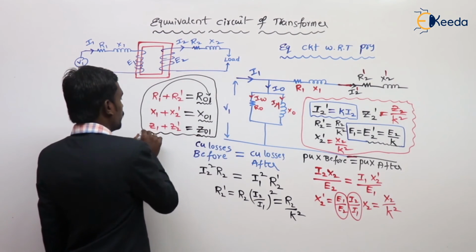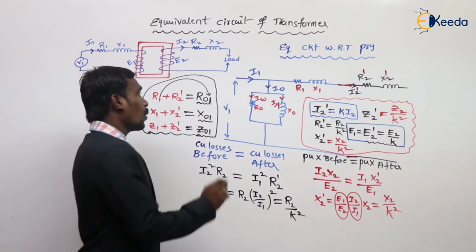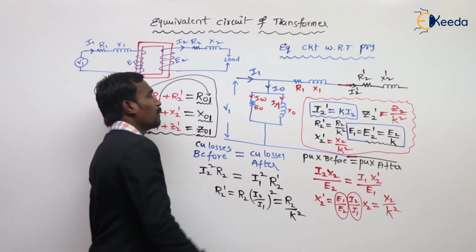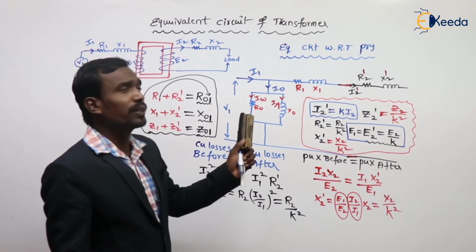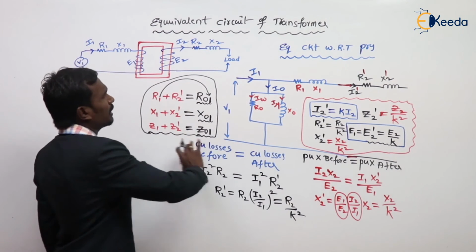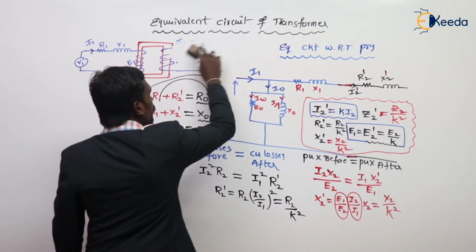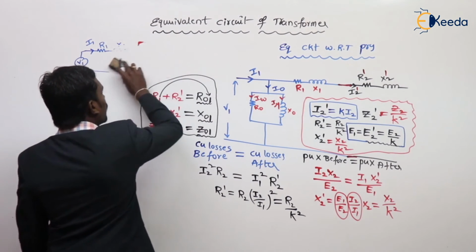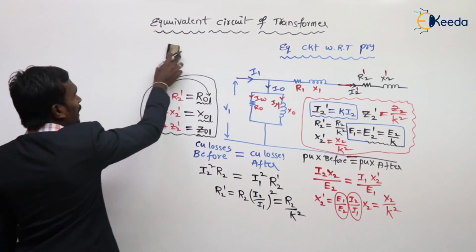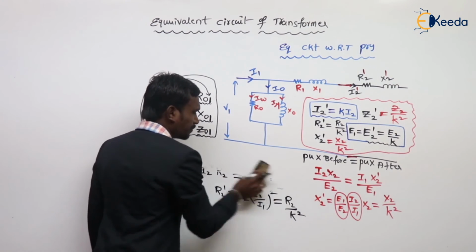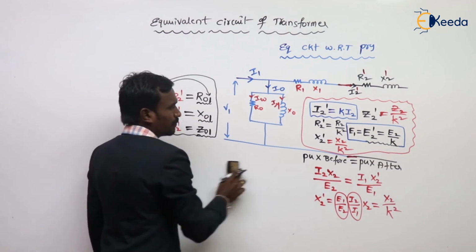You have to remember, the subscript 1 represents referred to primary. This is completely the equivalent circuit with referred to primary, or with respect to primary.